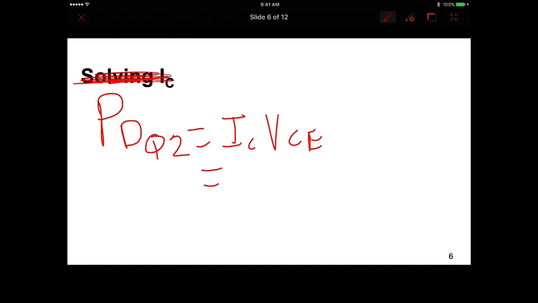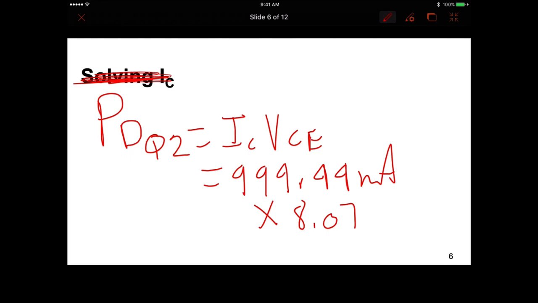So that's going to be 994.44 milliamps times 8 volts, which equals 8.03 watts. So it's a fair bit of power. You're probably looking at a 10 watt transistor minimum, so it's going to be quite a bit larger than the ones in your kit, but it kind of gives you an idea.